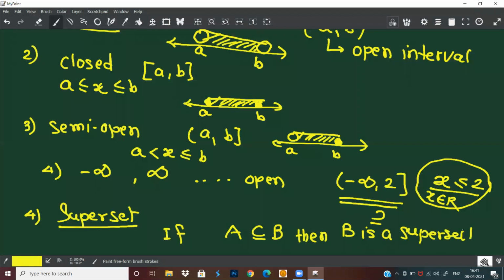Superset of A. If A is a subset of B, then B is a superset of A. I think for this year it has been removed, looks like. But it's always good to know.